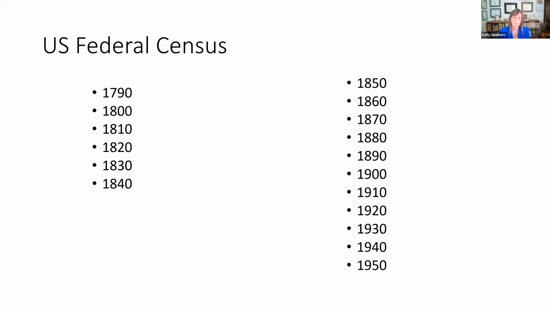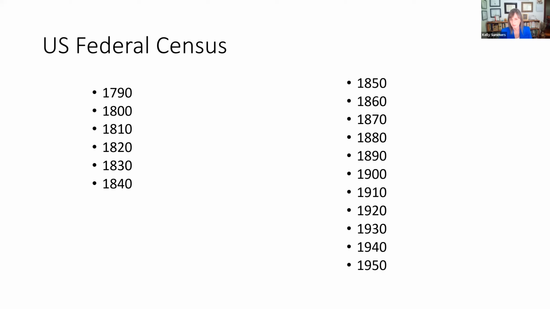And then everyone else on those years is represented by tally marks. So if you're searching for an ancestor that would have been a child during the years of 1790 to 1840, you need to search for his father's name or whoever was the head of household at that time.